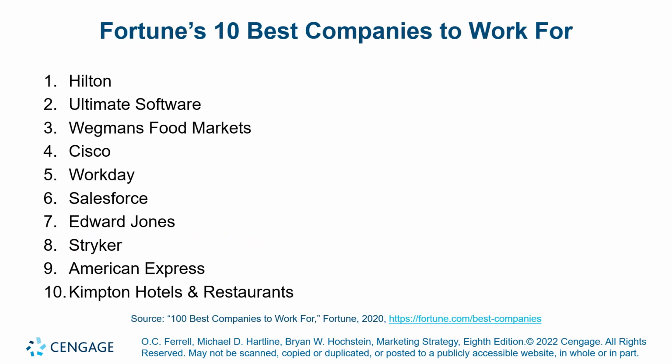Some companies did well and became admired by everyone, becoming the model and the favorite employer for college graduates. Fortune has its 10 best companies to work for. Number 1 is Hilton Hotels. Number 2 is Ultimate Software. Number 3, Wegmans Food Markets, a supermarket chain. Number 4, Cisco Systems. Number 5, Workday.